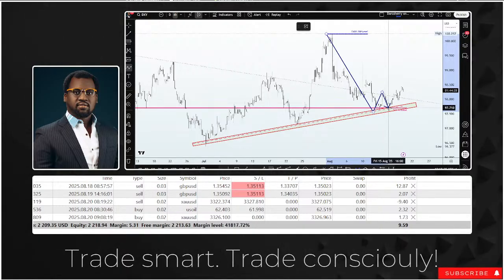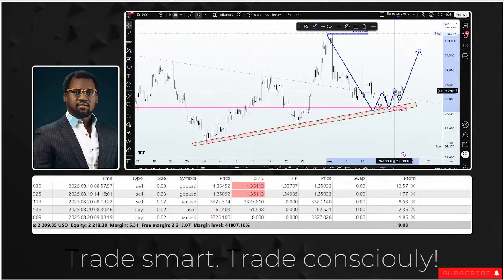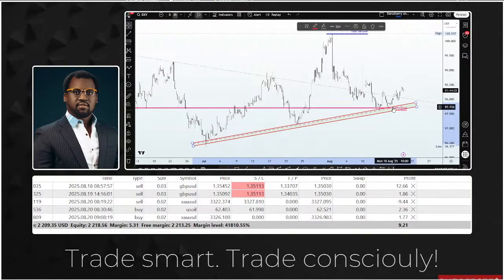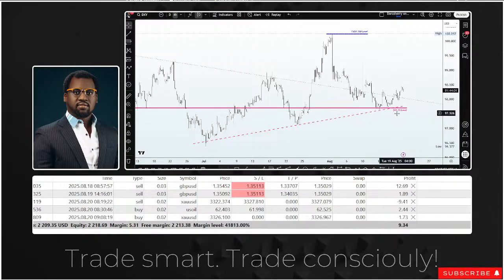Price dropped significantly, but unfortunately for sellers, they were unable to break through that ascending trend line, and of course that was a red flag for us that we might be seeing a new platform to rise. And ever since that Monday session, we saw how the dollar had kept up the momentum above both the ascending trend line and our key level at the $97.70 level.